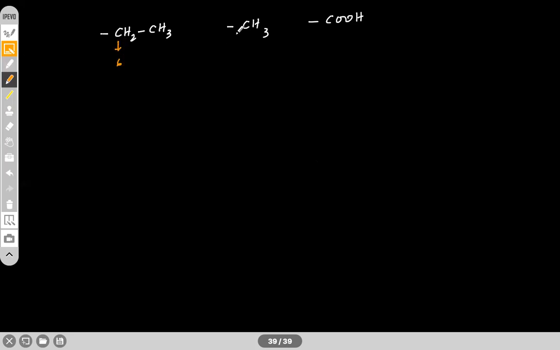It is 6, it is 6, it is 6. So the first atom is the same. If we cannot decide on the basis of the first atom, then we compare the second atom in the parent chain. And that is carbon. After carbon, we have carbon only. And after carbon, we have hydrogen.